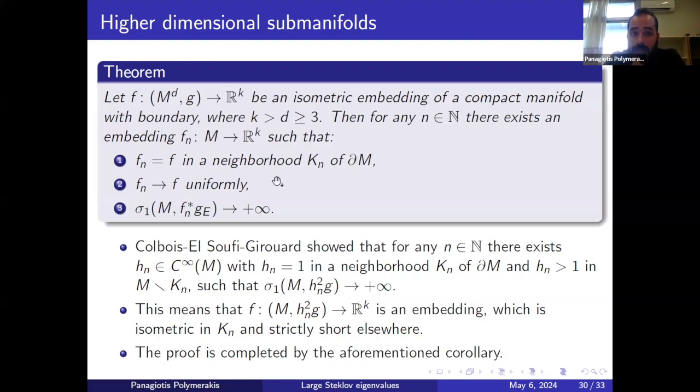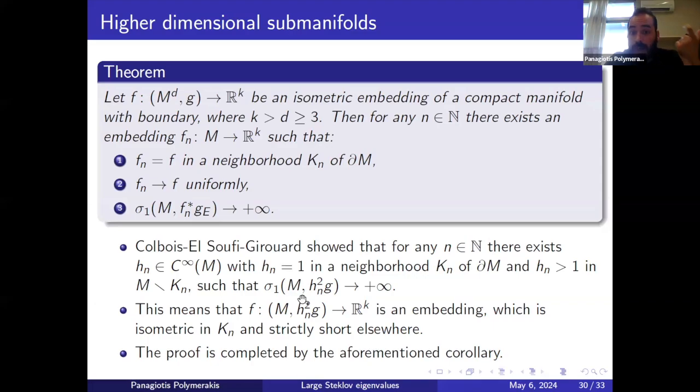Okay, so in this setting, we know that there exist conformal Riemannian metrics where we can choose the conformal factor to be 1 in a neighborhood of the boundary and strictly greater than 1 in the rest of the manifold, so that the first Steklov eigenvalue goes to infinity.